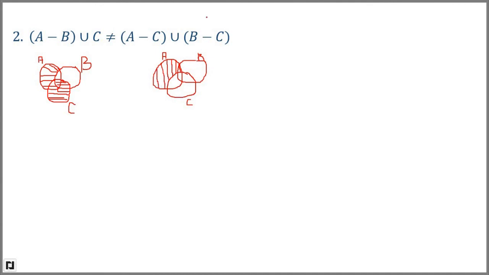Now we shade the region of B difference C, which is denoted by horizontal lines. Now we have to take the union of A difference C and B difference C. So the required region is all the regions shaded by vertical and horizontal lines. As you can see from both Venn diagrams, these two are different, so our statement is not equal.